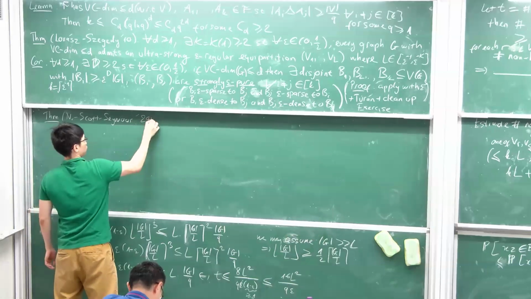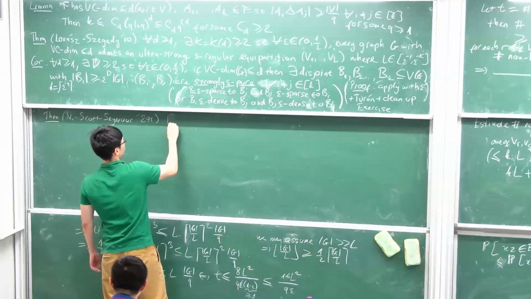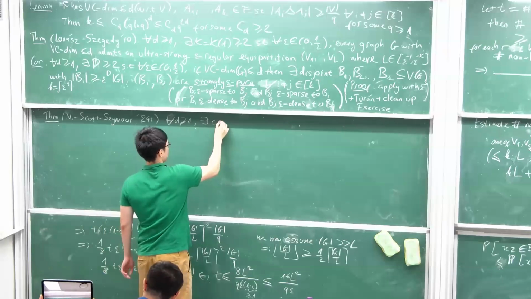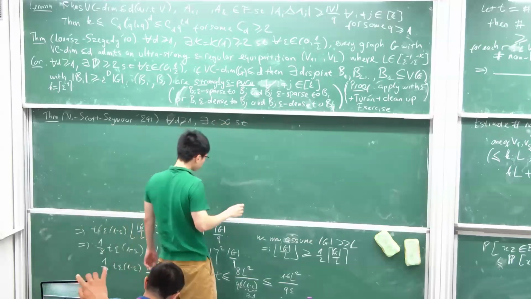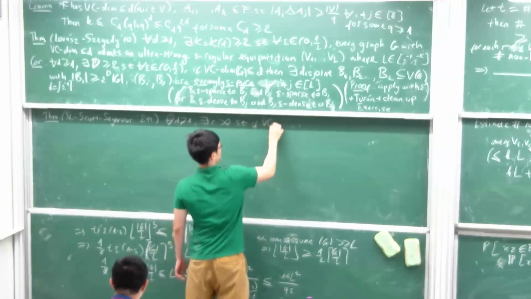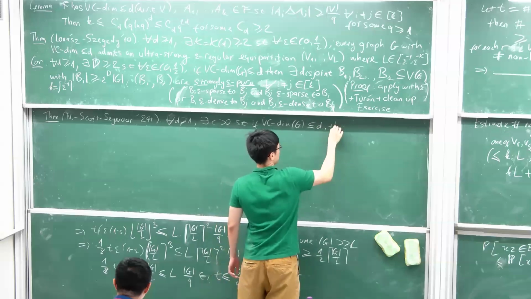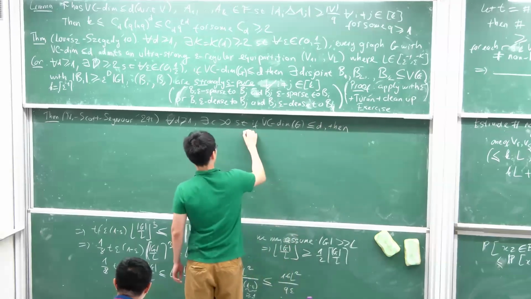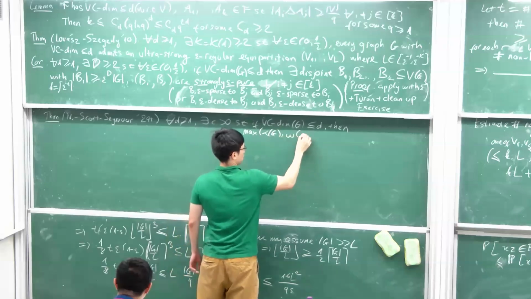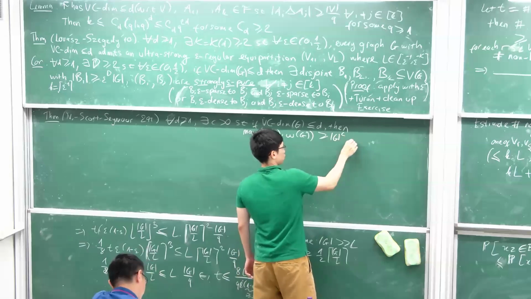Let me say it should be polynomial. For a graph G with VC dimension at most d, then G has a clique or independent set of size at least |G| raised to the power of c.